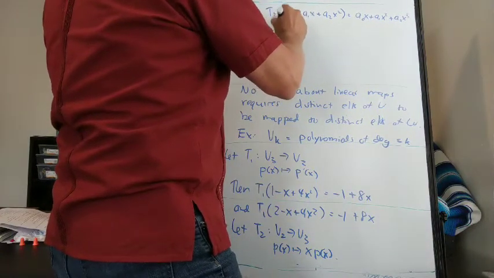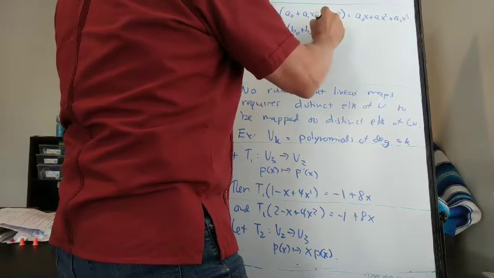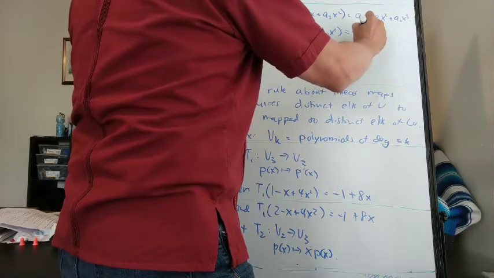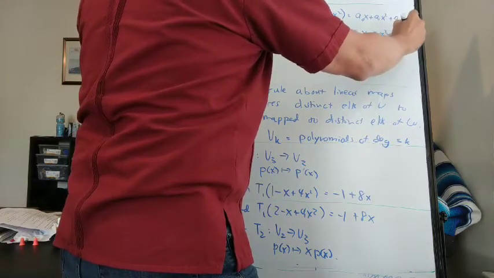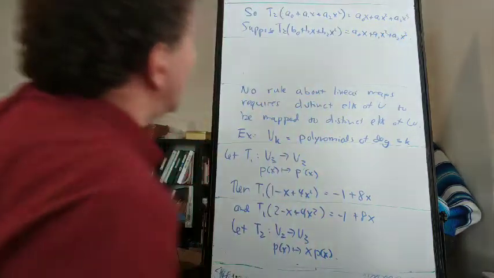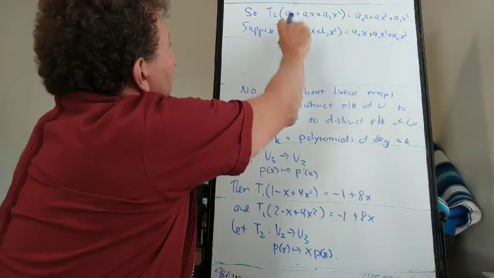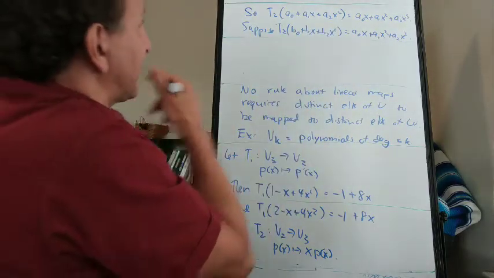So let's suppose that T2 of some other polynomial, b0 plus b1x plus b2x squared equals a0x plus a1x squared plus a2x cubed. Well, the way the map works, the coefficients are just going to stay the same and end up next to higher powers of x.